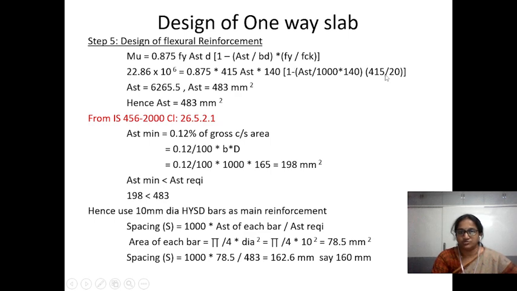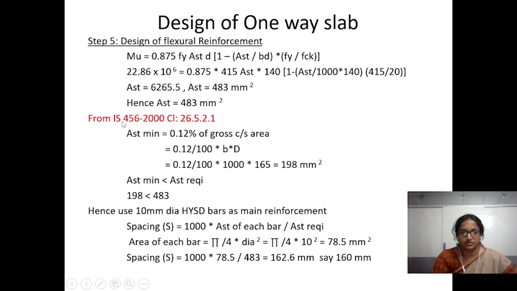Fy is equal to 415 and FCK is equal to 20. I have substituted all the values. I got two values for AST, one is 6000-something, and another AST is 483. We have to take the least, hence the AST is equal to 483 mm square. By solving this equation, I got the AST here.